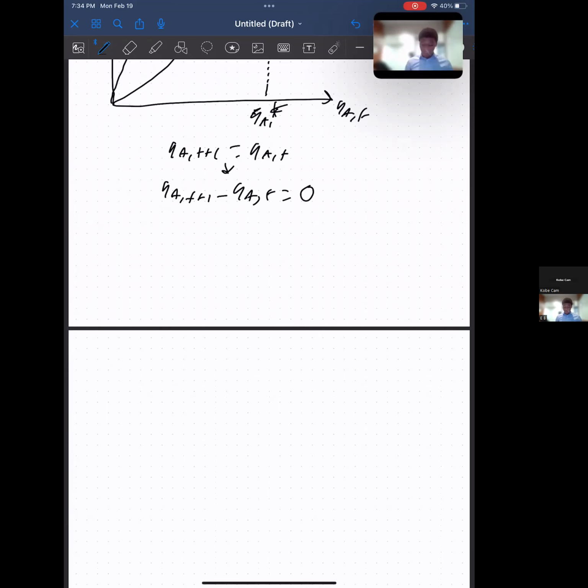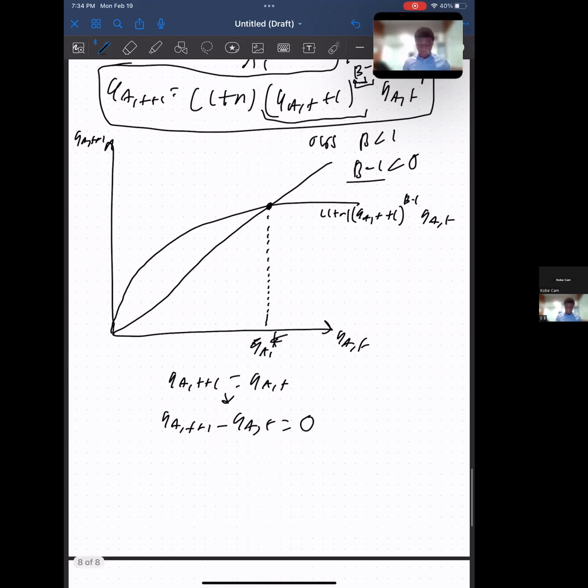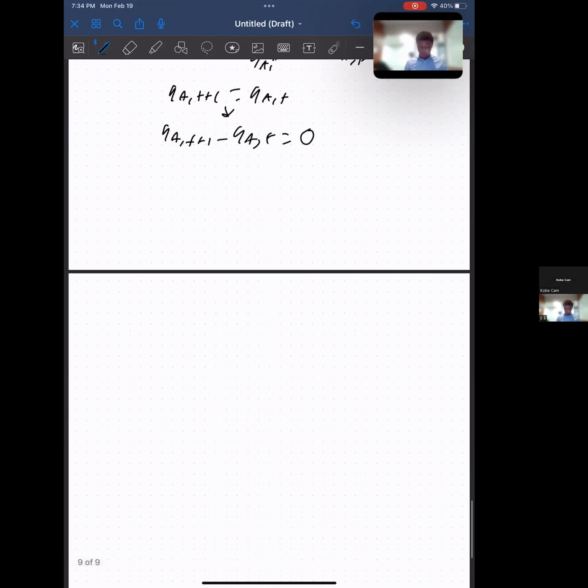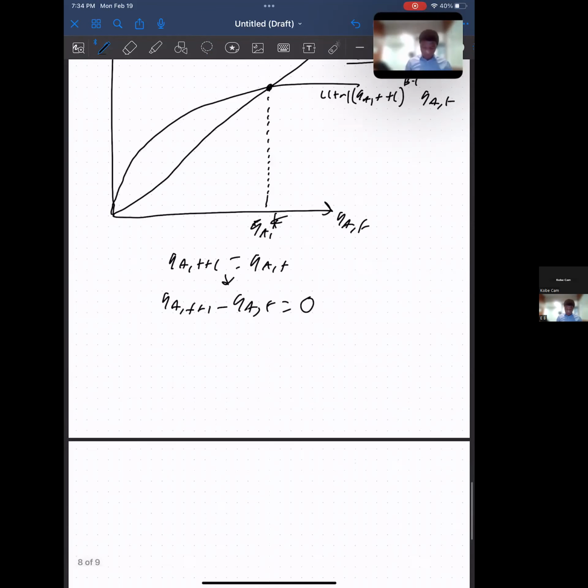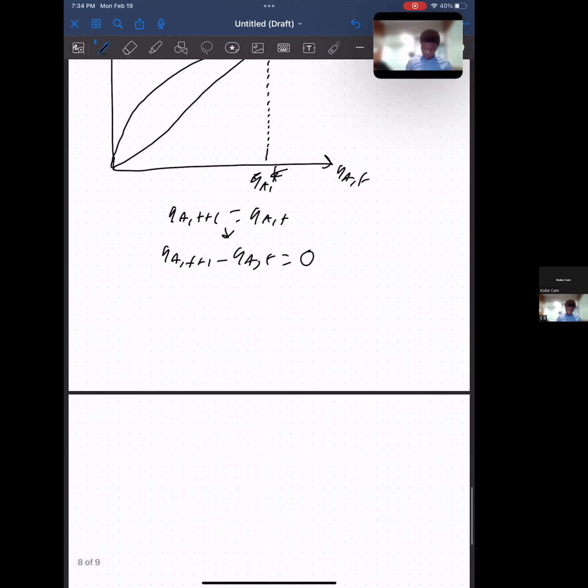Well, if that's true, and we have our equation for GAT plus 1 right here, all we have to do is plug in our equation for GAT plus 1 into this, subtract GAT, and then solve for the steady state. Let's give that a shot. So we have our equation.